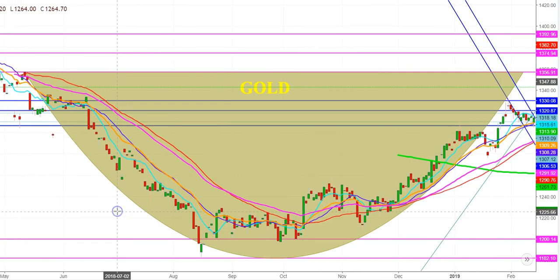Friends, this is a daily chart of gold futures. Here you can see movements of gold futures.